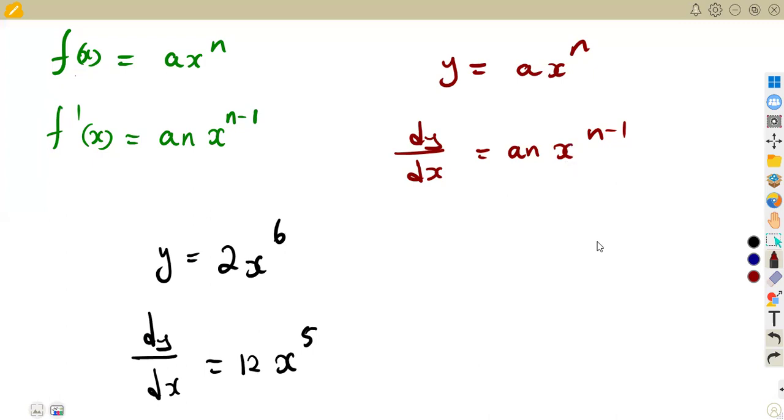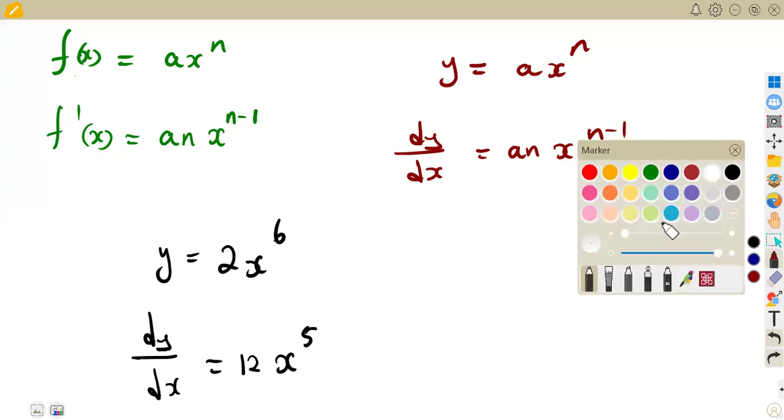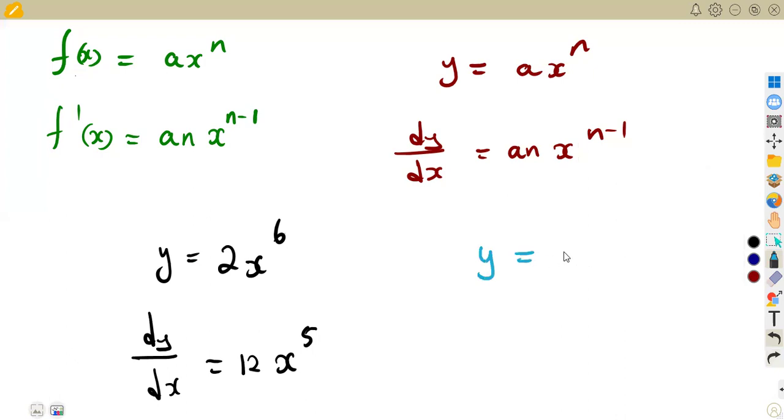Sometimes you might be given conditions whereby you have something that is under the square root, maybe the square root of x like that. Knowing that I'm supposed to have x raised to a certain exponent, I have to remove this square root and write the equivalent. So now we are back to your exponents.